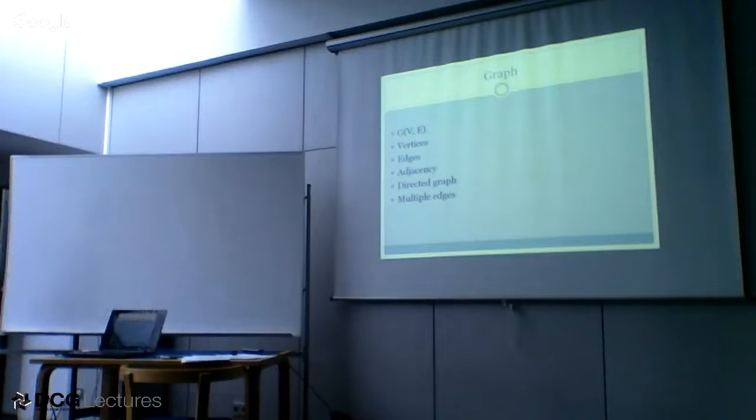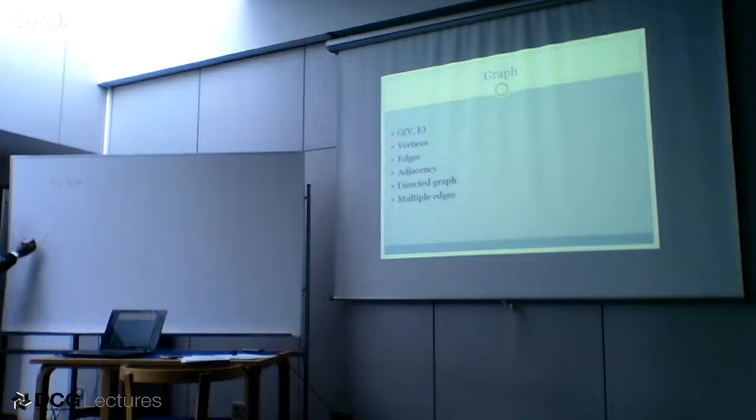So the graph. In standard notation, we denote a graph with G, V, and E, where V stands for vertices, E stands for edges, and G is the graph. Vertices are normally the dots, and you connect two dots to draw an edge, and you say that these two vertices are adjacent.